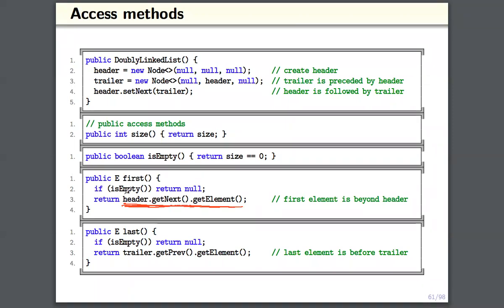Suppose the list is empty, then you don't have any data, right? Return null. Similarly for trailer, trailer's previous node and get data from it, right? That is the last node or the information in the last node.